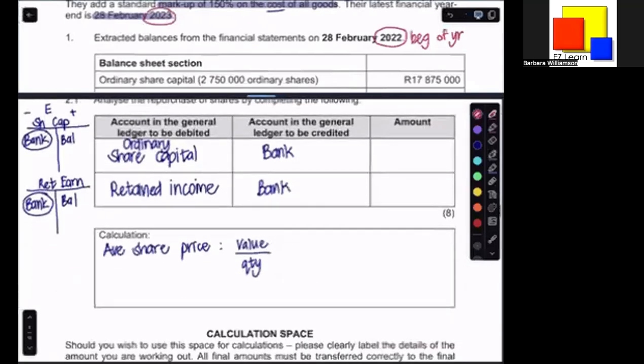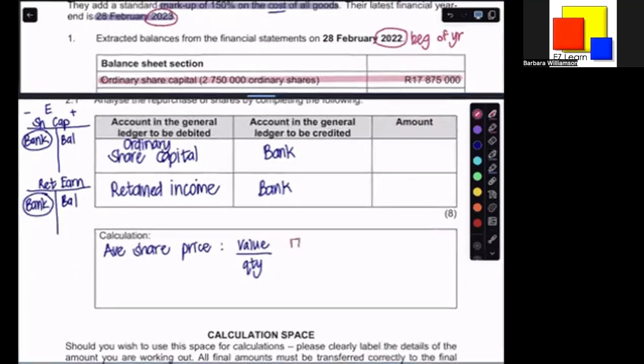The first thing that's given is the ordinary share capital. We can use that to start our average share price calculation. Obviously, we'll need to update it with any information that we find if something happened during the year, but at least as the beginning, we can pop it in. Notice I'm putting the rand value on the top and then the number of shares at the bottom.